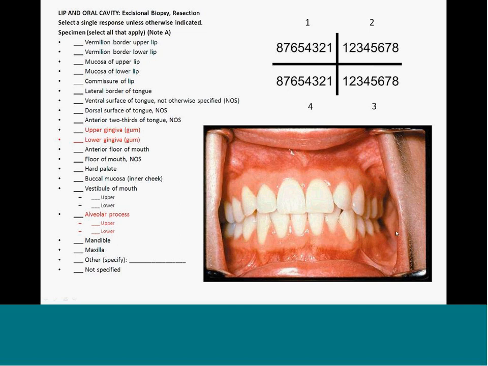The maxillary and mandibular gutter is this portion down here where the cheek meets the alveolar process of the mandible, or the cheek meets the alveolar process of the maxilla. The alveolar process really is the portion of bone that's sticking out above the soft tissues that is covered by mucosa.